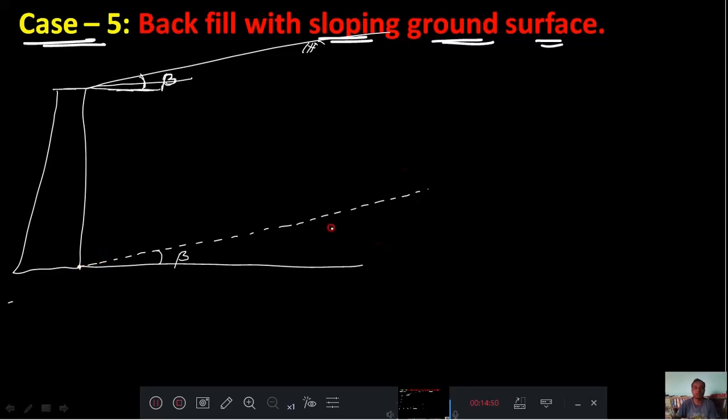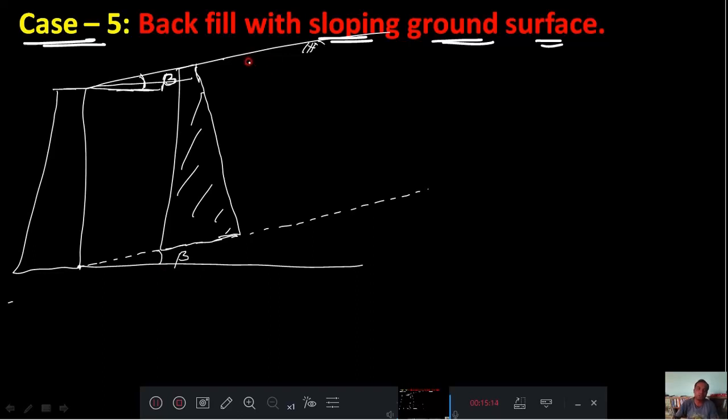We draw this one. Then after that you just forget about this vertical, and you will have a retaining wall in this way, that is perpendicular to these two surfaces. Think that you have a retaining wall in this way, okay, for the calculation purpose.